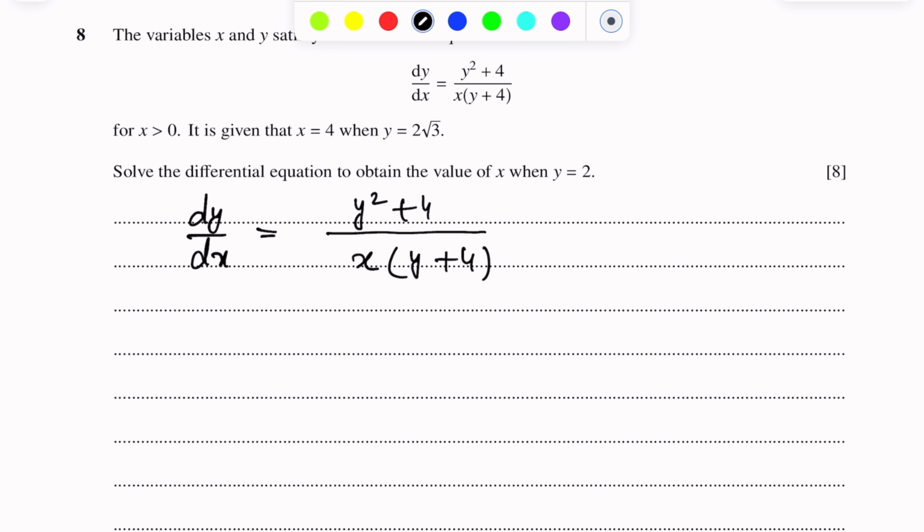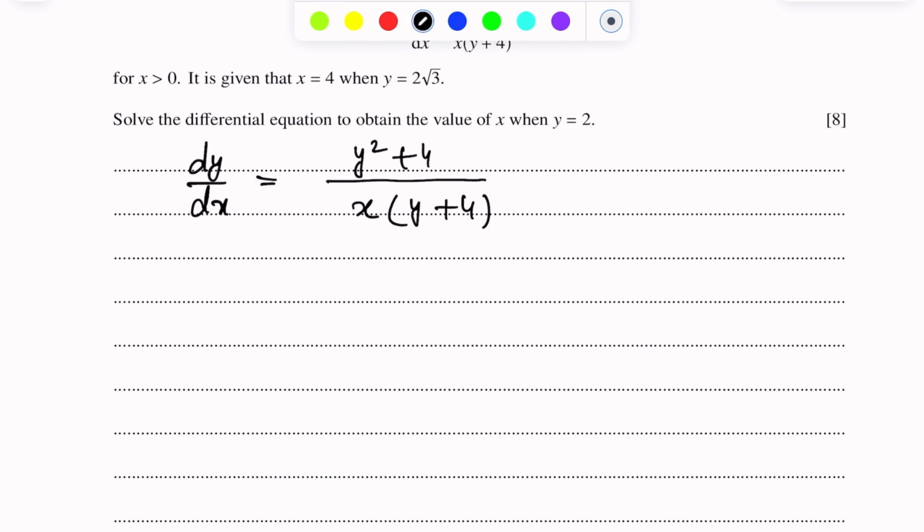Separating the variables by cross multiplying, this becomes (y plus 4) over (y square plus 4) dy on the left, and on the right side 1 over x with respect to x.